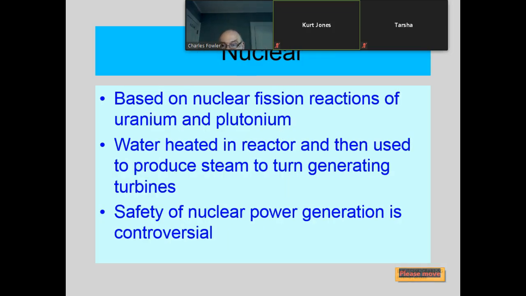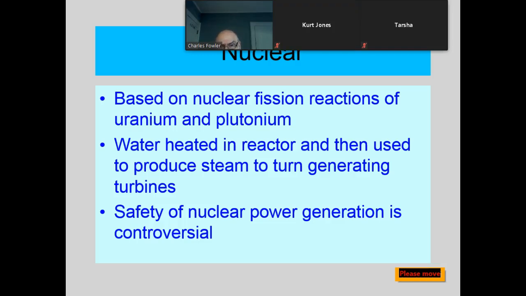Nuclear. Now, we've already talked about the problems here based on nuclear fission, which is the splitting apart of large molecules, or atoms actually, large nuclei. Usually uranium, which is like 92, I believe, is its atomic number. Plutonium is either 93 or 94, something pretty close.